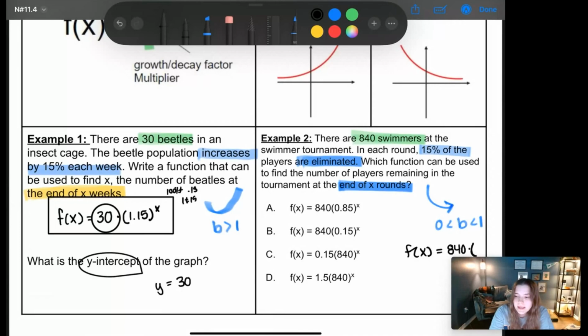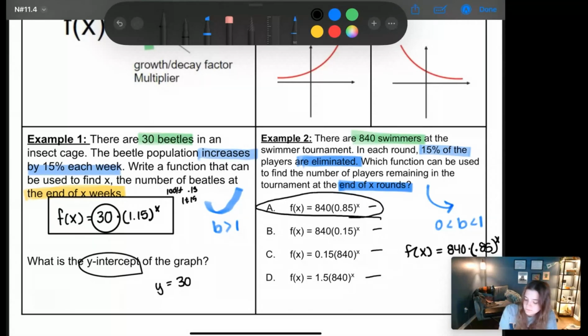If that's the case, what am I being left with? I'm being left with 85%. Every time I take 15% away, it leaves me with 85. So I am going to be decreasing by 0.85 or 85% for X number of rounds. And so which one of these answer choices matches that? A.